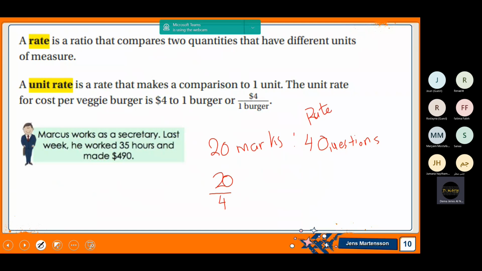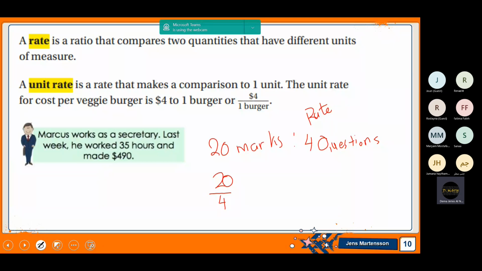But now, if I say 20 marks per 4 questions, so that means for each one question, how many marks does it have? 20 marks for 4 questions, but for one question? 5. Bravo.